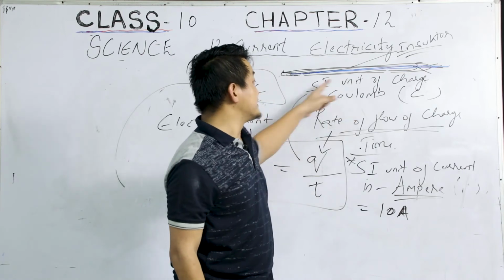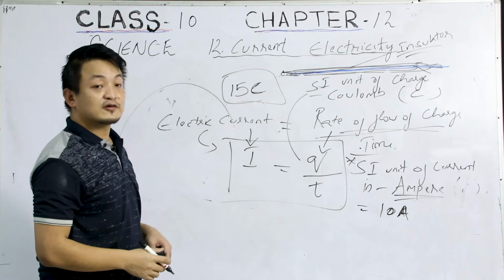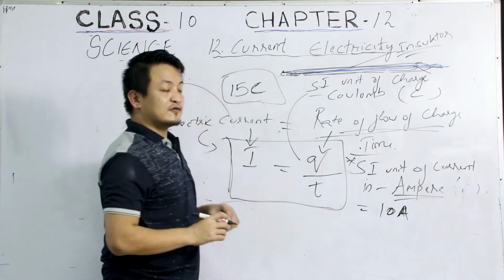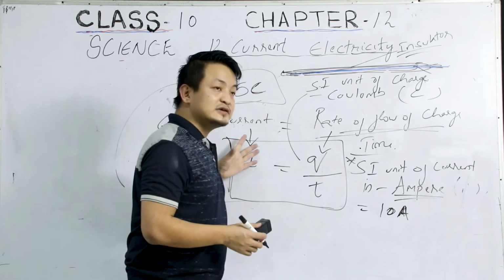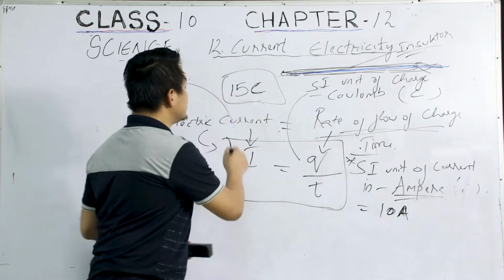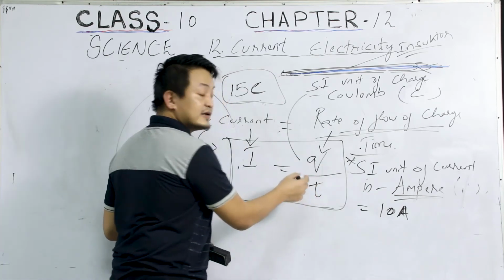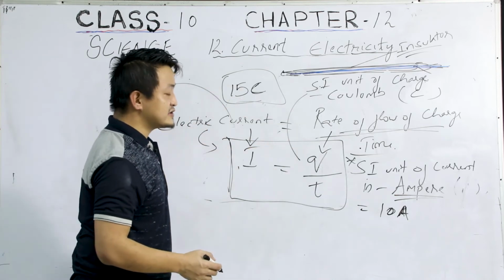While writing, we just write C. So this is the simple formula. Whenever we have to calculate the electric current or charge, we will use this formula. That means current is equal to charge by time, right? And if you are asked to calculate the charge, what will you do?